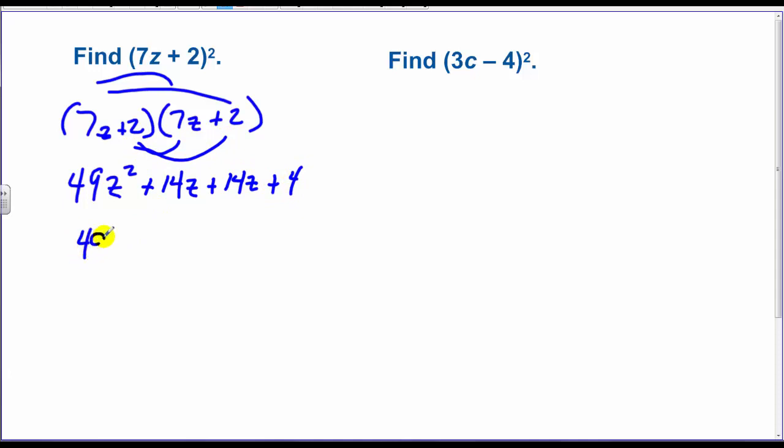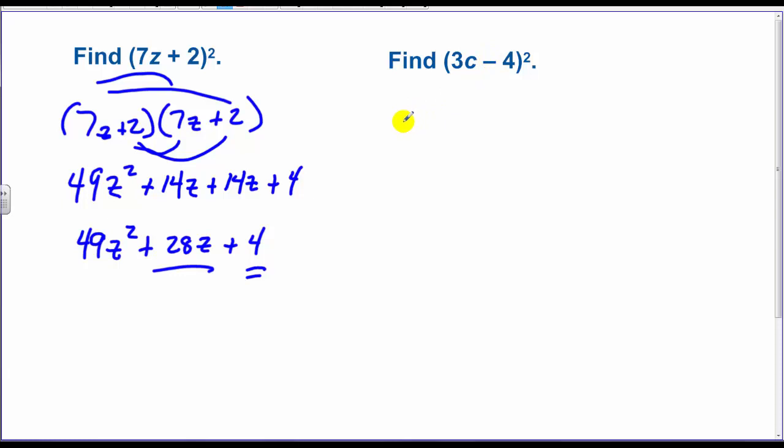So I have 49z squared, 28z, and 4. Noticing again, the last term is the square of the second term of the binomial, and the middle term is 2 times the product of the two terms in the binomial.